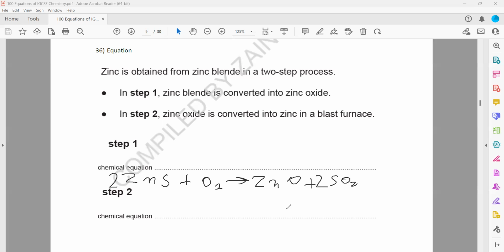So sulfur is balanced, zinc is not balanced. What about oxygen? You have to balance this equation. So zinc is balanced now, sulfur is balanced. What about oxygen? There are 4.